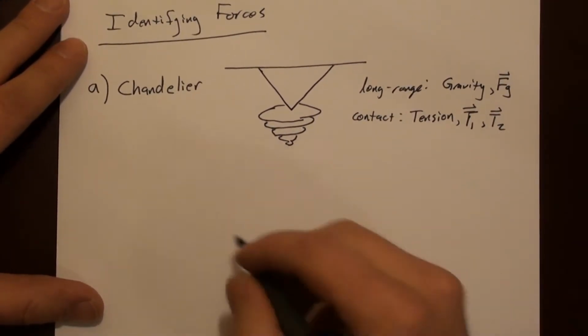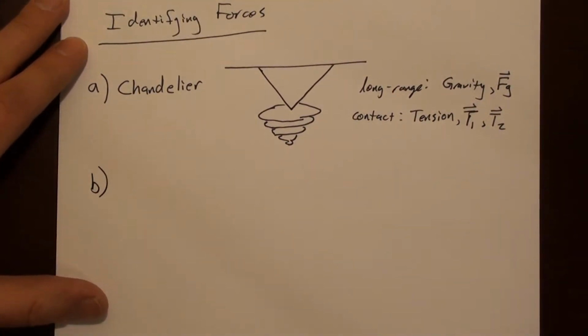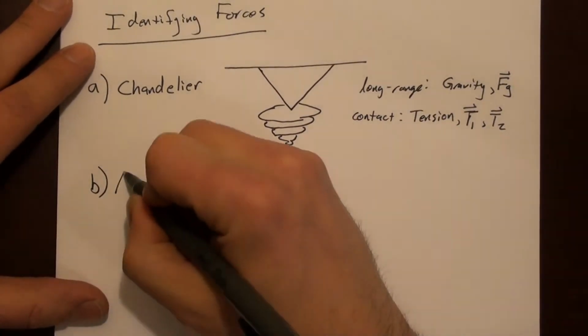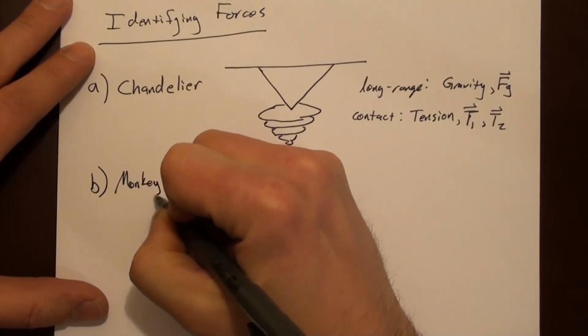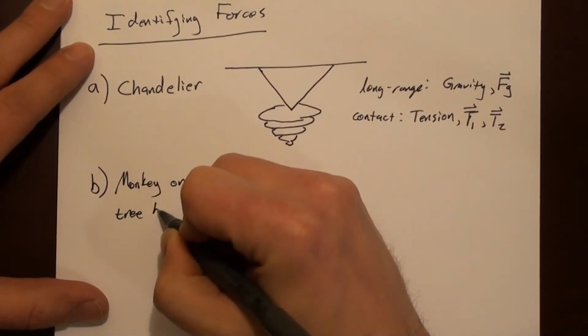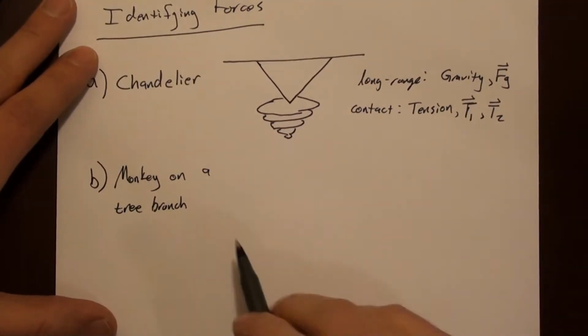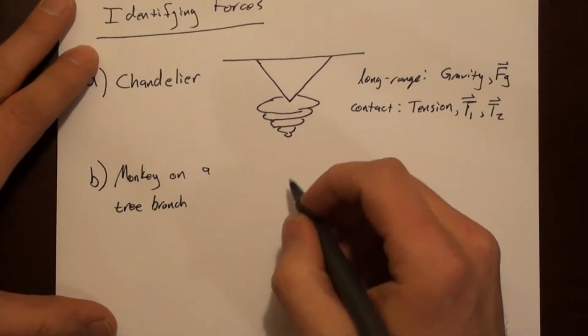Okay, so let's do another example. Let's say we have a monkey on a tree branch. Alright, so I'm going to draw a picture.